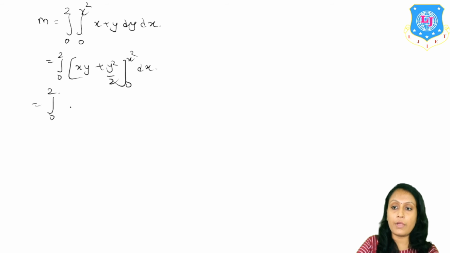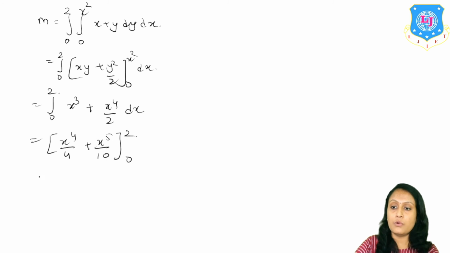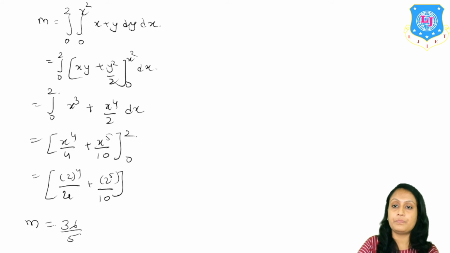So this is x into x squared, that is x cubed, plus x raised to 4 upon 2. If you substitute 0, this will be 0. Now we just integrate this with respect to x. So this is x raised to 4 upon 4 plus x raised to 5 upon 10, and the limits are from 0 to 2. Substitute the limit. So this is 2 raised to 4 upon 4 plus 2 raised to 5 upon 10, and on simplification you will get the answer of m as 36 upon 5.